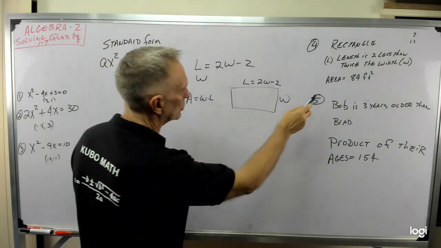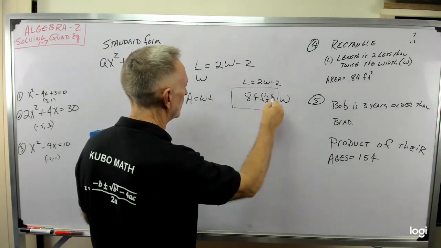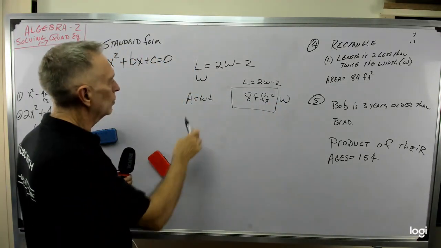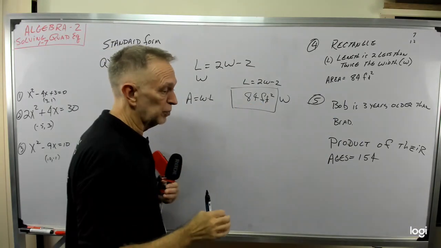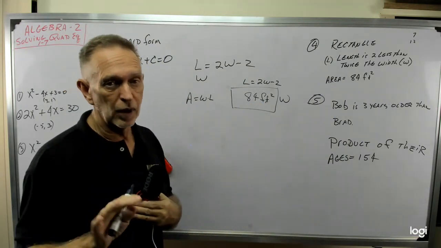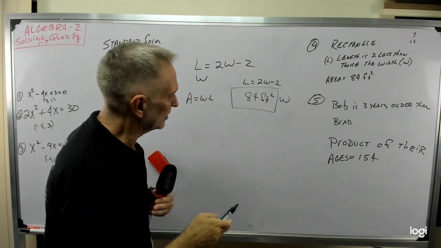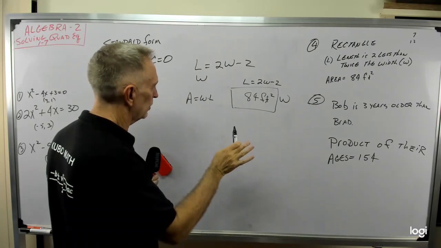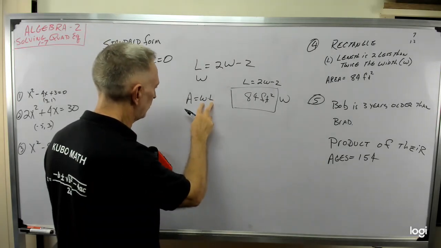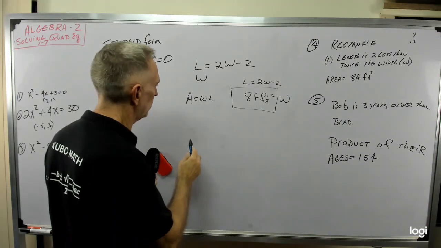Oh, and it also said that area was 84 square feet. So the width is in feet, the length is in feet. I'm not going to put the units down. Where I went to school, if I didn't, that would be wrong. Okay, but just for the sake of not clouding up the calculations, I'll leave the units off. But feet times feet gives me square feet, so I know the units will be right.